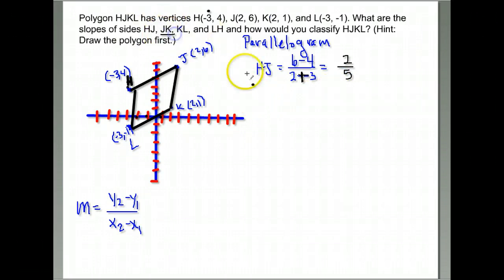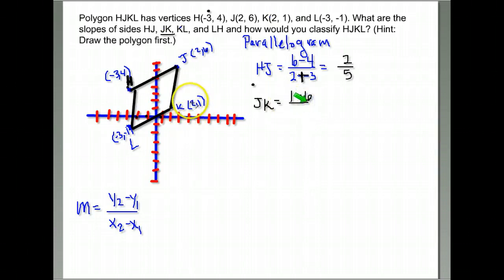The next one they wanted us to find was JK. Okay, so we're going from J to K, so find those points. There's J and there's K. Okay, we're going to do the y2 minus y1, so we're subtracting our y's. That gives us 1 minus 6 on the top.